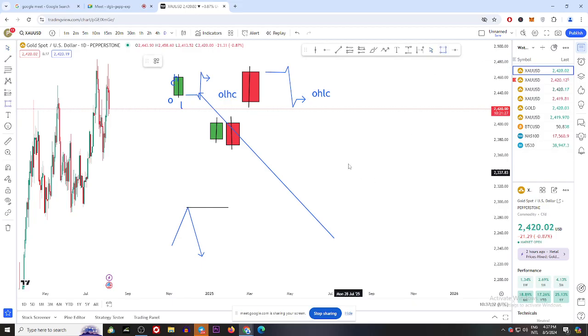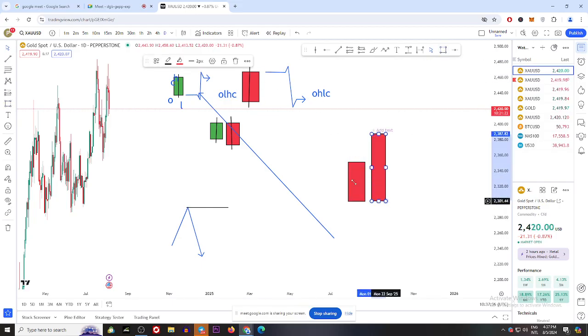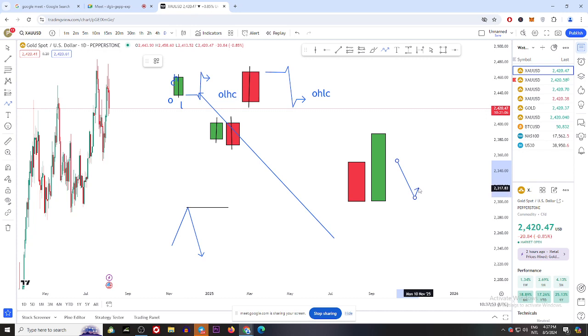At the same time, we have a red candle and then a green candle. These two candles combined will give us an engulfing buy. And this engulfing buy is also giving us what? This is the opening of the red candle, and this is the closing, and then the green candle opened and closed here, right?